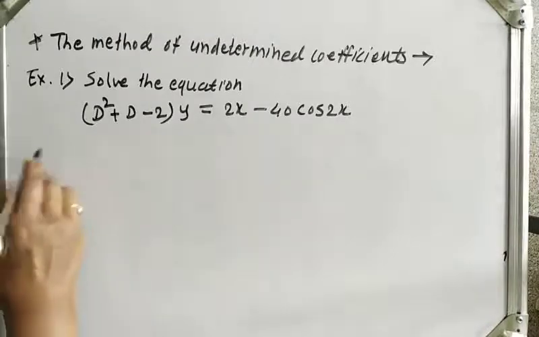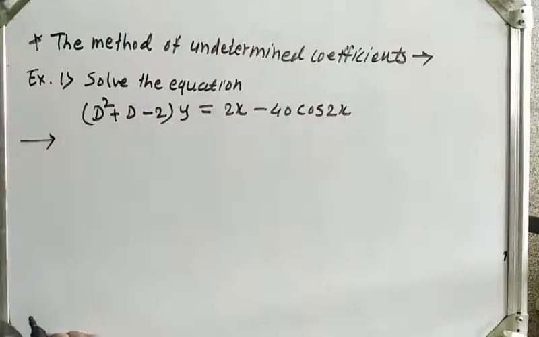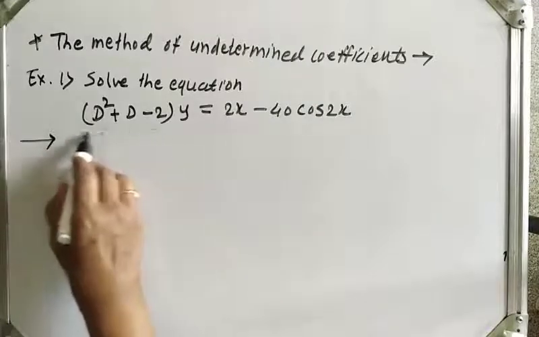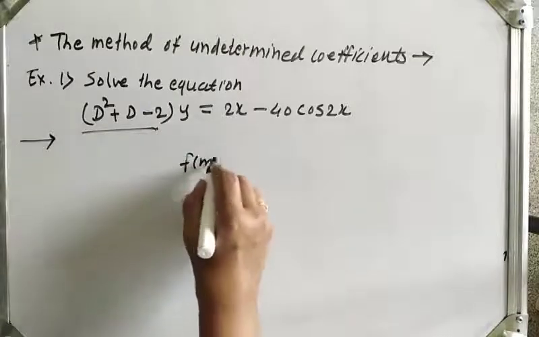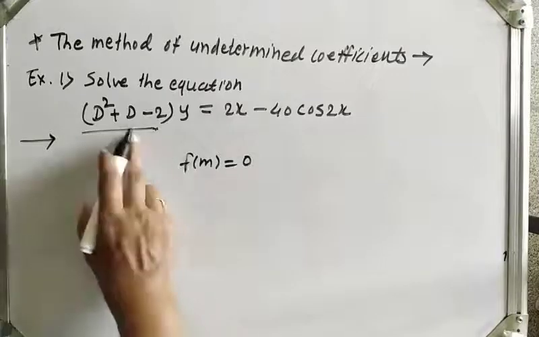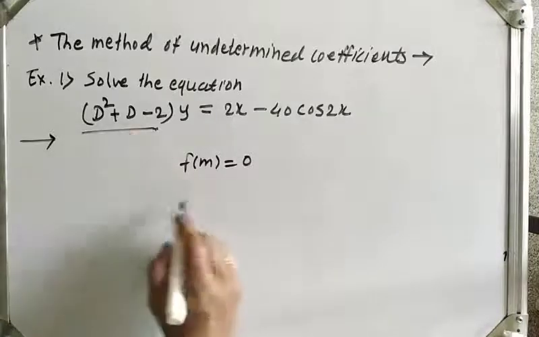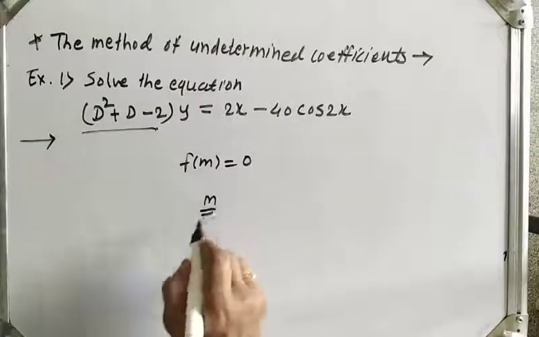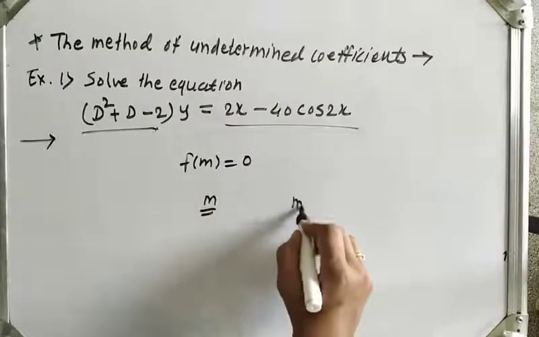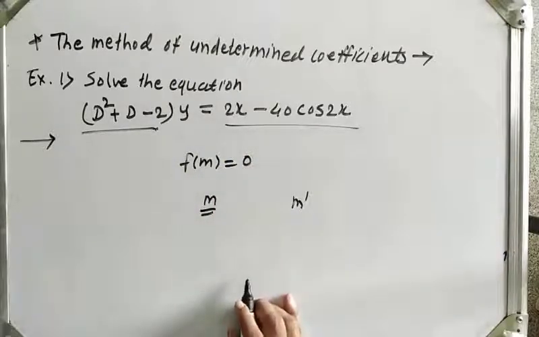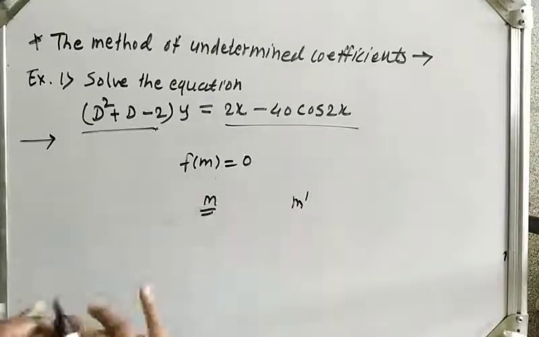Now in the solution, first what we need here is, from this we will consider f(m) = 0. From this we will find m. Then from this part we will find roots m dash. So how, I will tell you. First let us find m.